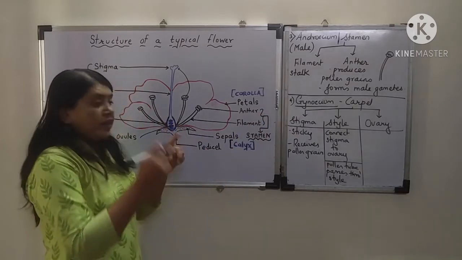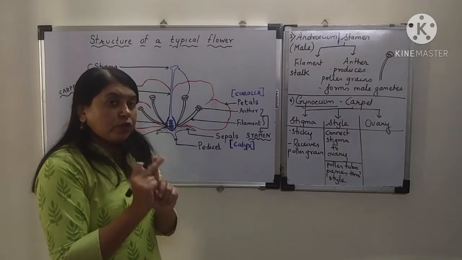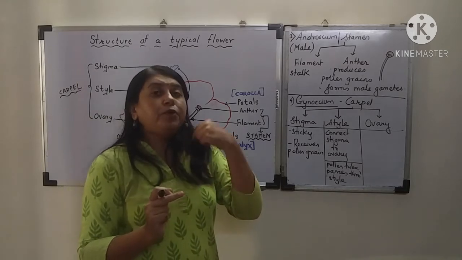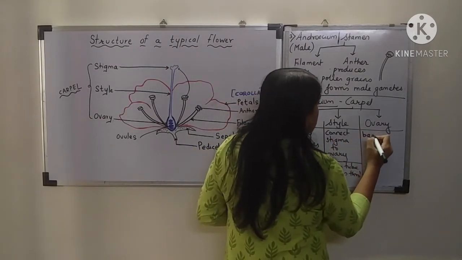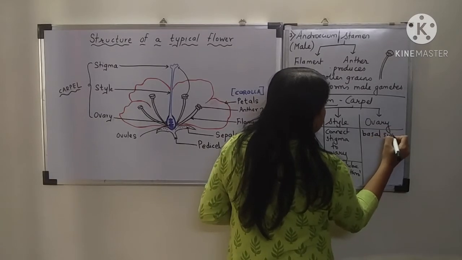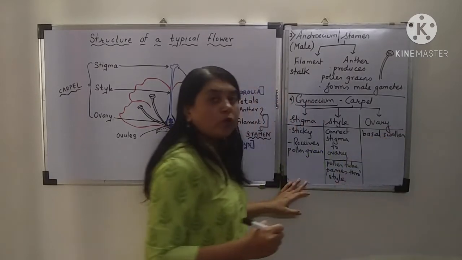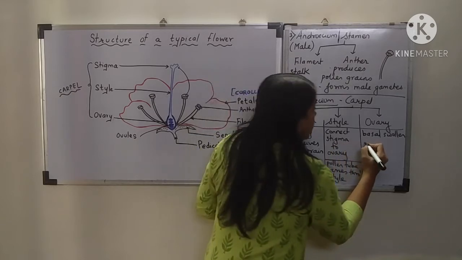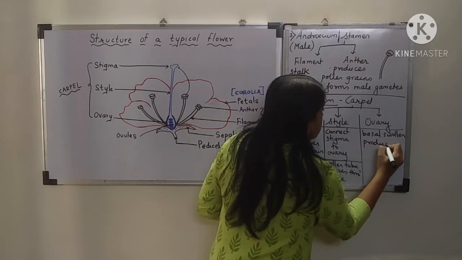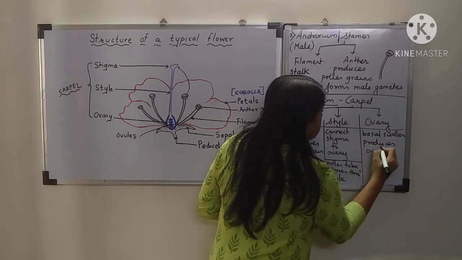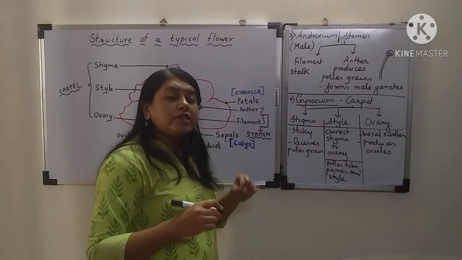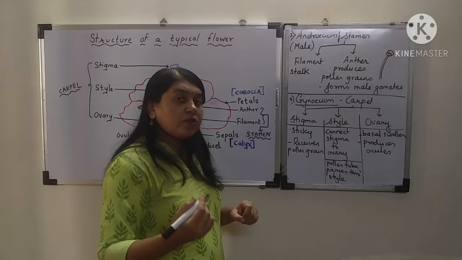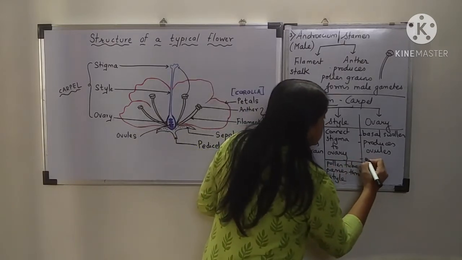Ovary. Ovary is the basal swollen portion of the flower. It contains or produces ovules. So, basal swollen portion of the flower, it contains ovules.